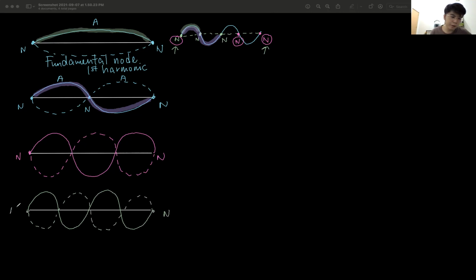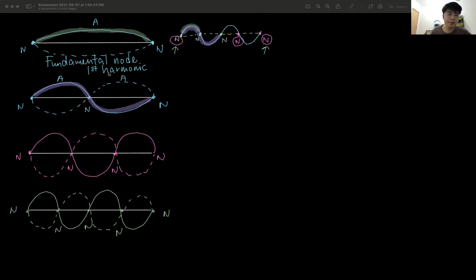If you want to label, then here you have 3 nodes in between, this one you have 2 nodes in between, this one you have 1 node in between, and this one no node in between. So these are the common four patterns, or we can say the first four harmonics.